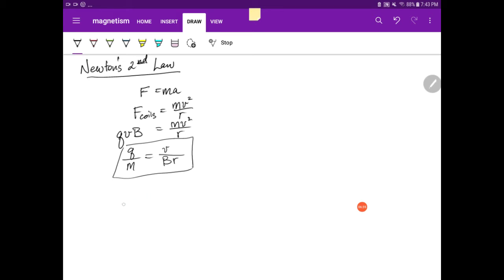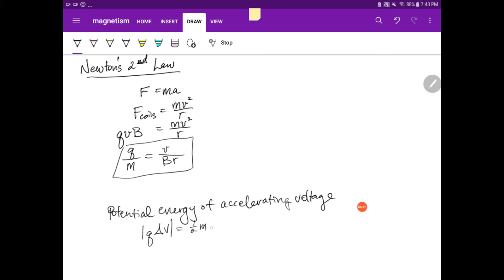And so if we recall, the potential energy that is created by an electric potential, so we did this in class already, but Q delta V is going to equal, that's the potential energy, and that's going to be equal to the change in kinetic energy, which, if the electrons start out at rest, will just be their final velocity.